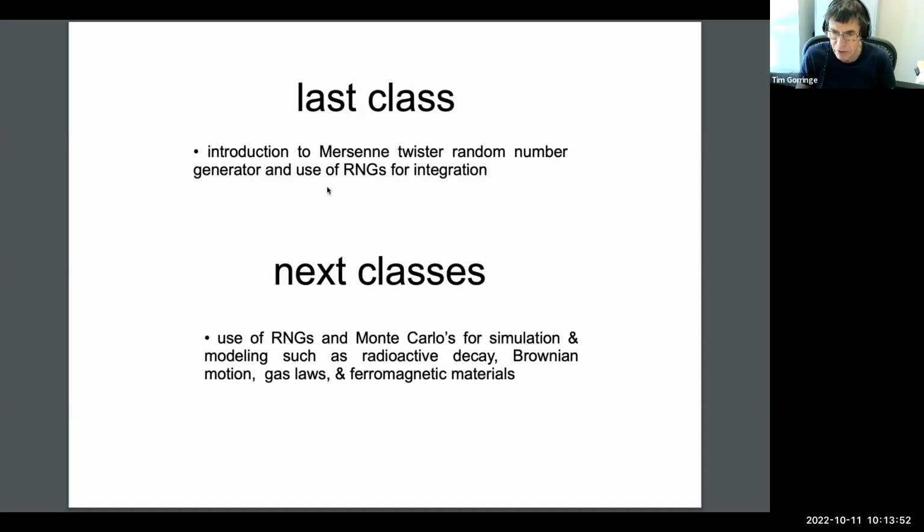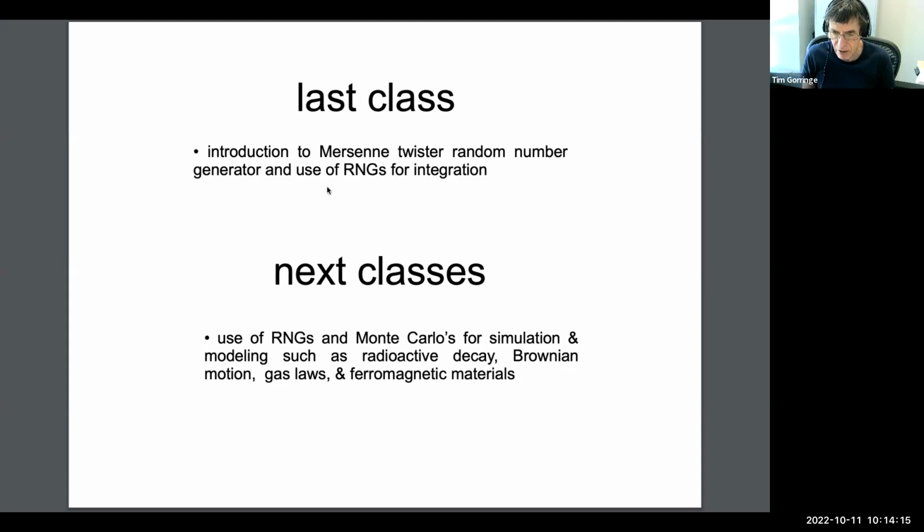So the Mersenne Twister has improved randomness properties in its sequences compared to the linear congruential generator, which has poorer properties of randomness.